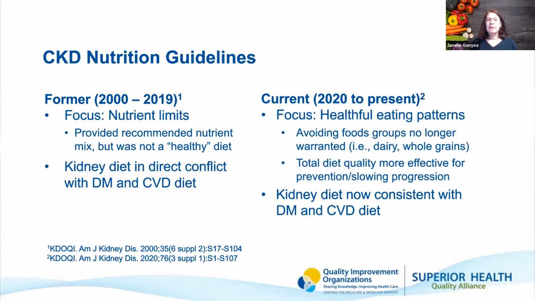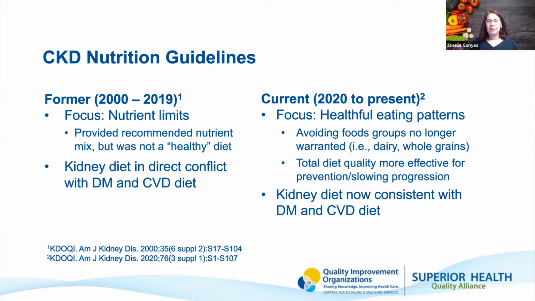Historically, those guidelines have focused on nutrient limits. So you've probably heard a patient should have so much protein, sodium, potassium, phosphorus in their diet. And so we would focus on those individual nutrients, but unfortunately, sometimes that didn't provide the healthiest diet for the patient. We were able to satisfy the prescription, but maybe not an overall healthy, balanced diet.